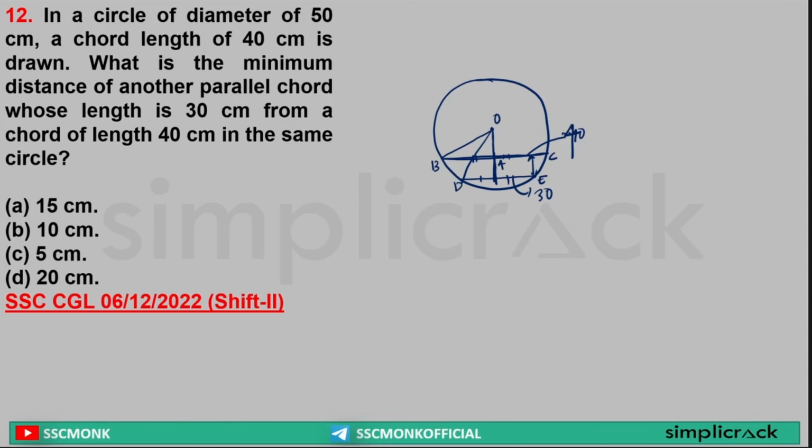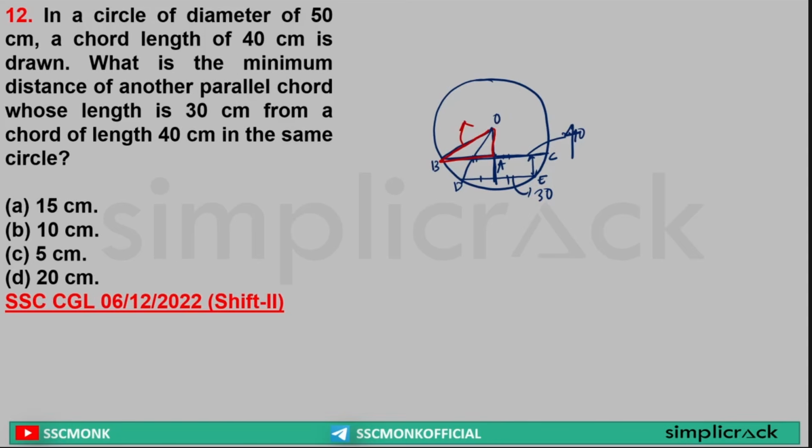Now see, in triangle OAB, like this. Let's see it in a different color. In this triangle OAB, OA is what? Sir, OA is my perpendicular. AB is what? Sir, AB is my base. OB is what? My hypotenuse.